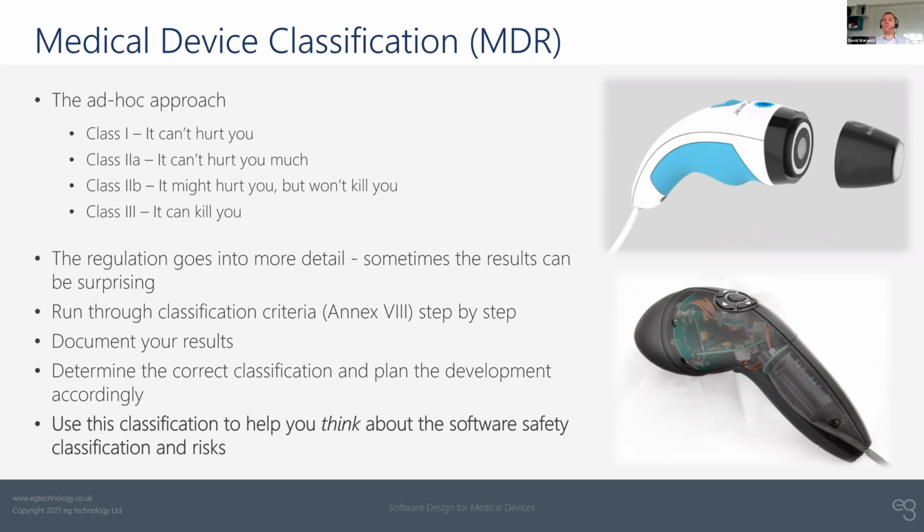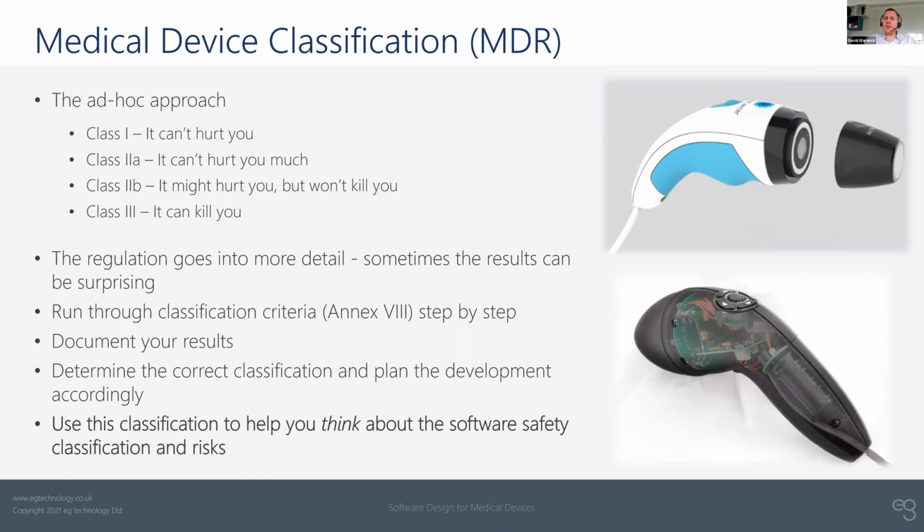But what you might often find is a bit more of an ad hoc approach, which I've got listed at the top there. So class 1 is a medical device that can't hurt you. Class 3 is a medical device that can kill you, and class 2A and 2B sit somewhere in the middle of that scale of seriousness.